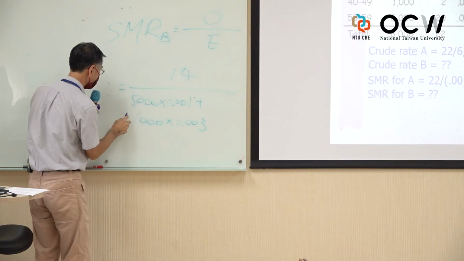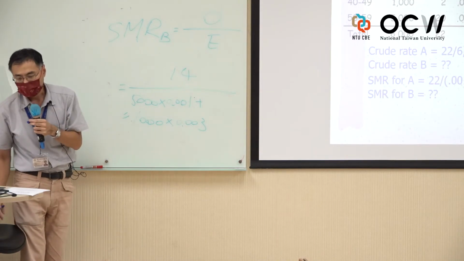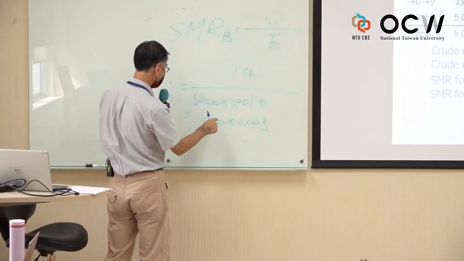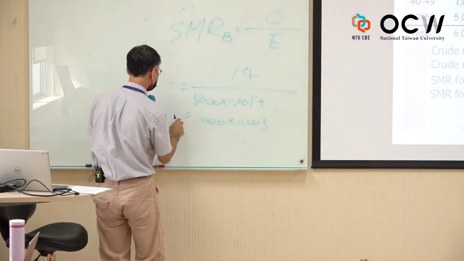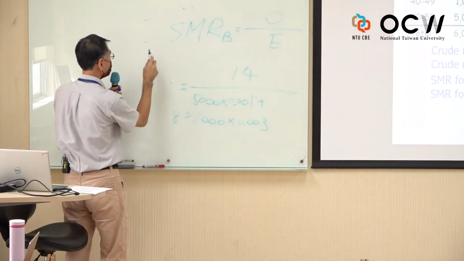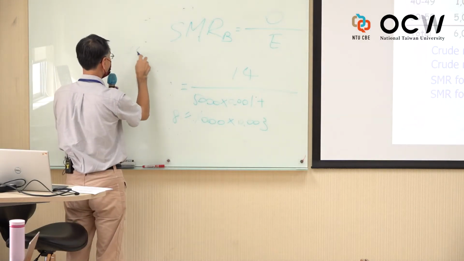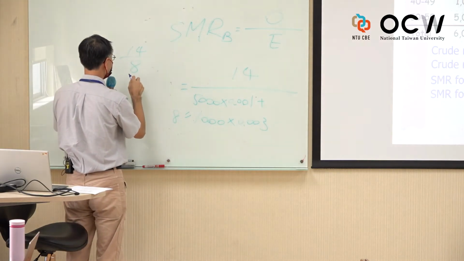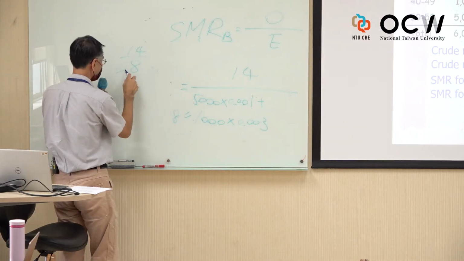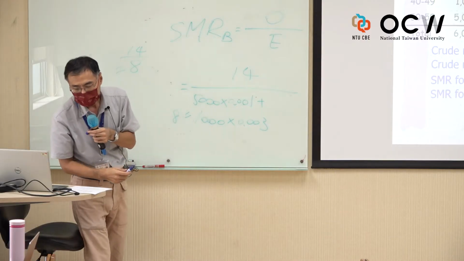So we get the answer here. It's 5 plus 3, so it's 8. Right? So the SMR for B will be 14 divided by 8, which is equal to 1.75.